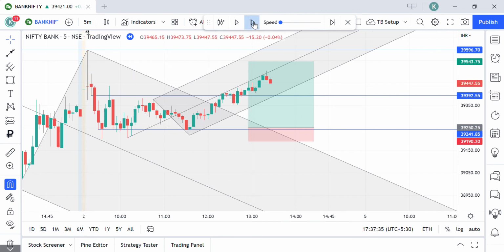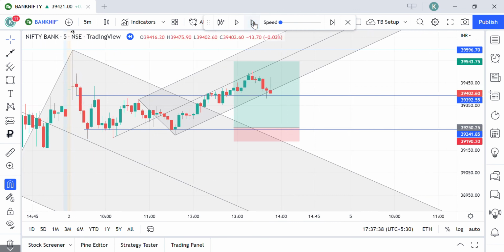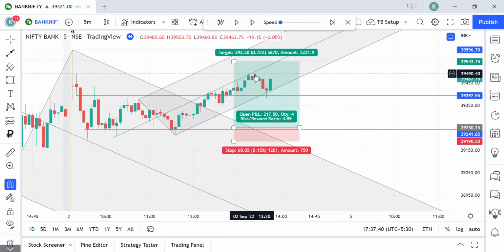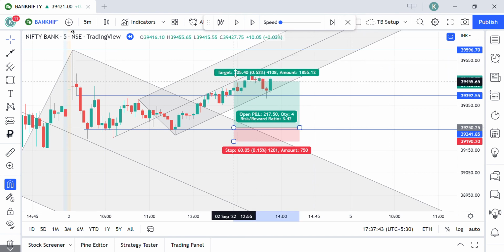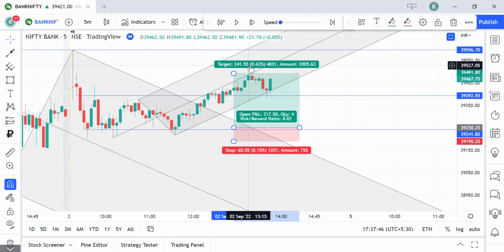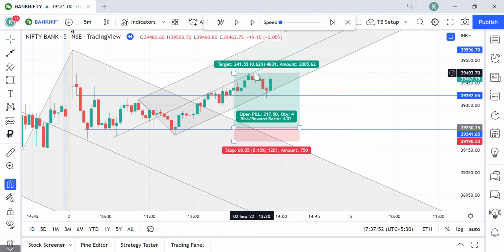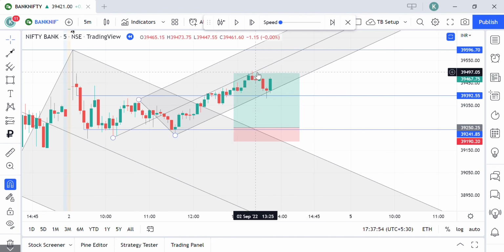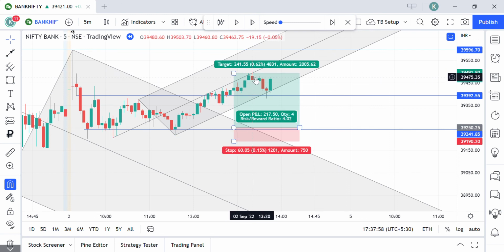Now it is obvious that we can exit the trade here, but this gives an expectancy of 1 is to 4, which is indeed a very valid trade, because this is the second time price touched this line and created a fractal bar.